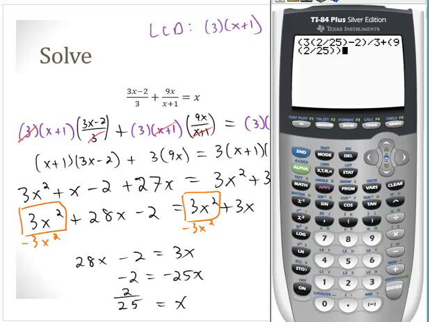Close the numerator, divide that by open quantity, 2/25ths plus 1. And this better come back as 2/25ths. 0.08, I'm pretty sure that's 2/25ths. It is. So I'm confident in my solution to the equation.